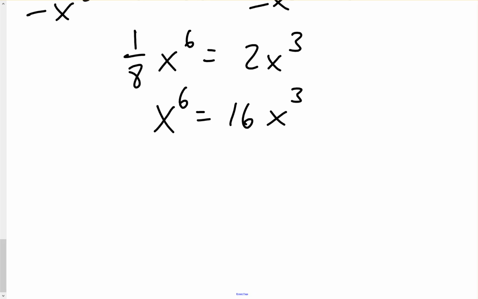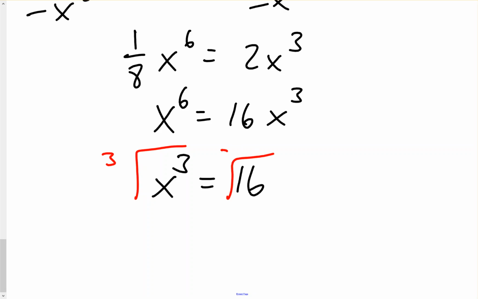Divide both sides by x cubed, and we would get 16 equals x cubed. If we take the cube root of both sides, we will get x equal to the cube root of 16, that would be 2 times the cube root of 2.